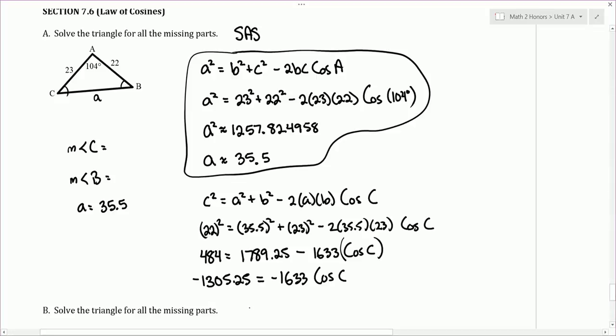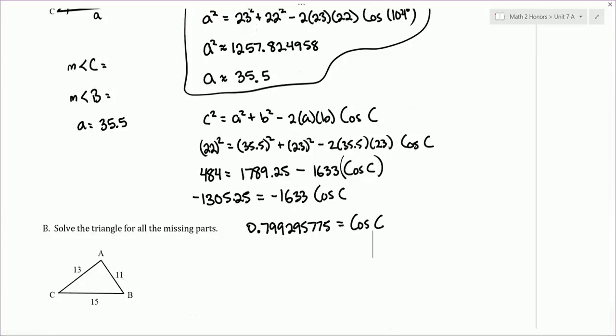And you end up with 0.799295777 is equal to the cosine of c. I want to get c by itself, so you got to use the inverse cosine function. So c is equal to the inverse cosine of this number.